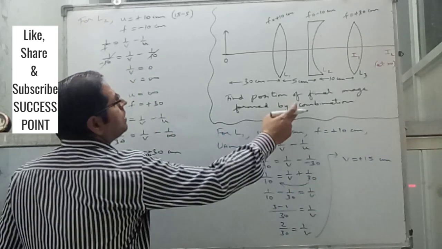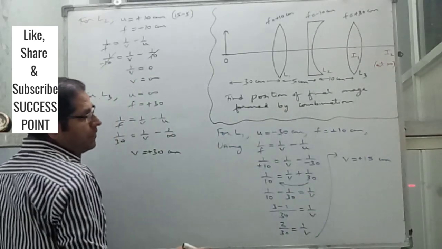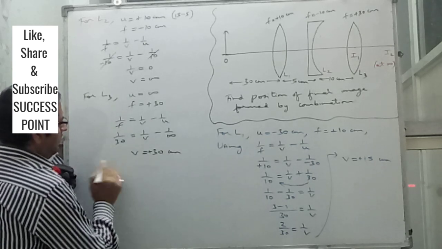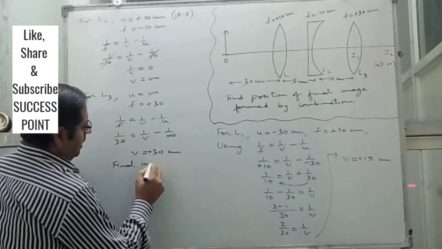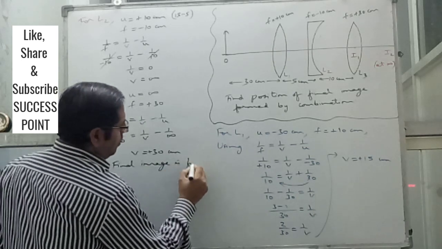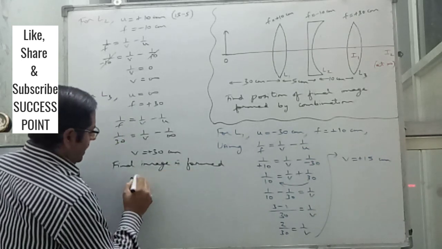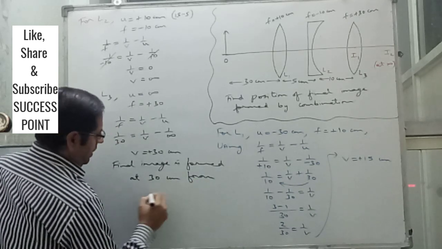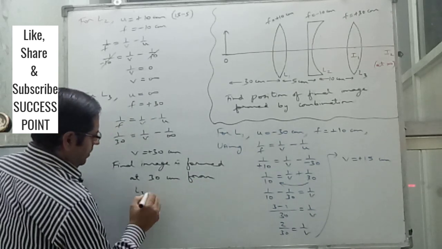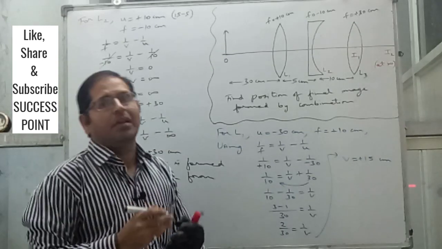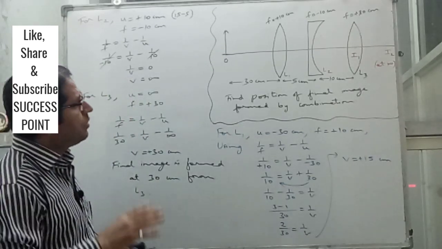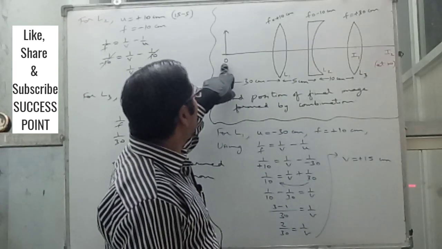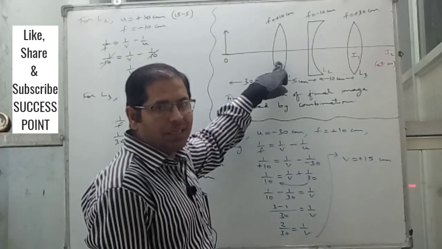So what is the final position of the final image formed by this combination? The final image is formed at 30 centimeters from L3, the third lens. You got the answer? So what is the concept here? This O is the object for the first lens.